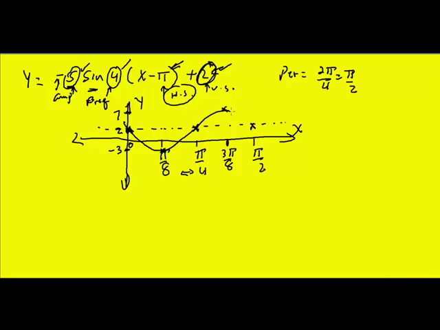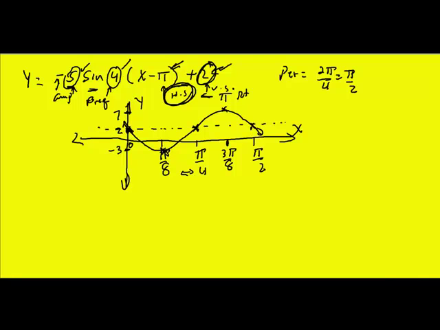Okay, like I said before, I have not done anything with the horizontal shift. I won't take care of that now. I have to move everything pi units to the right. Oops, it's not pi, that's h. So pi to the right.